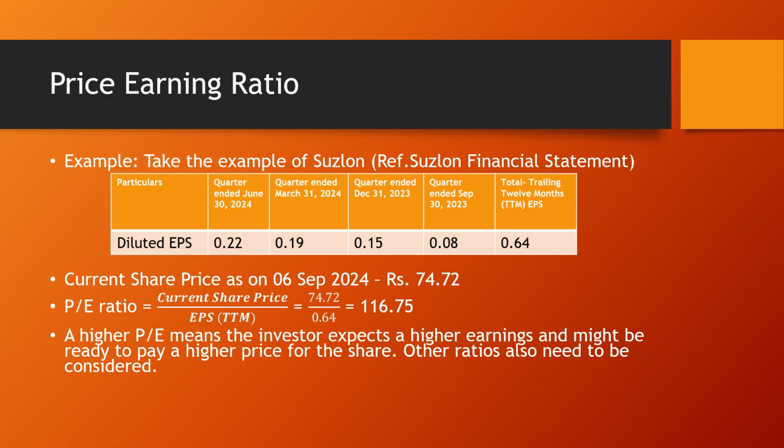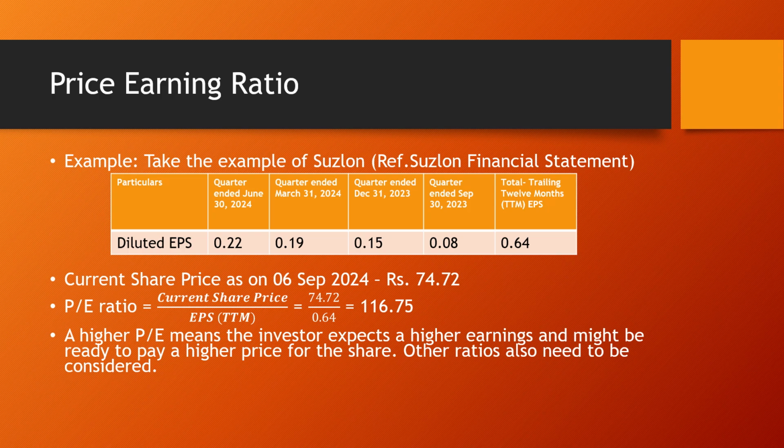Once you find the trailing 12 months EPS, and once you find the price earning ratio in this way, you can find the price earning ratio of similar companies, that is other companies in the similar industry, and thereby compare the price earning ratio of all the companies along with Suzlon.